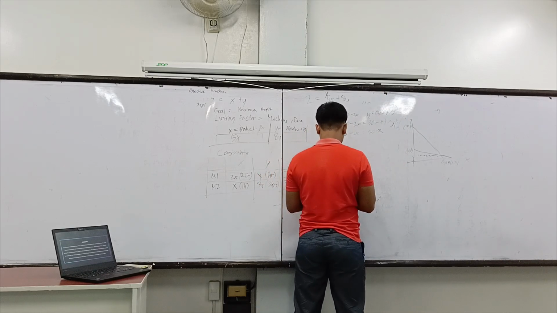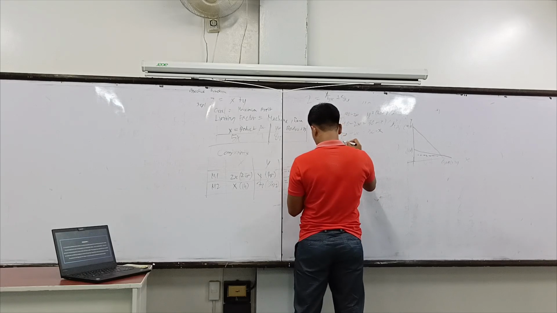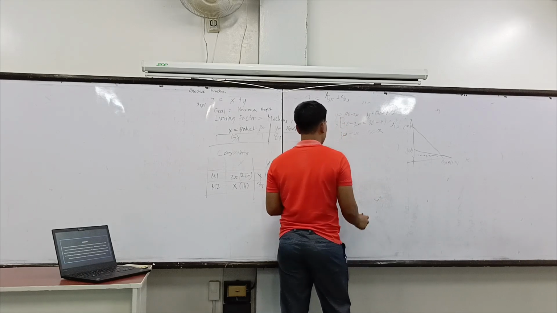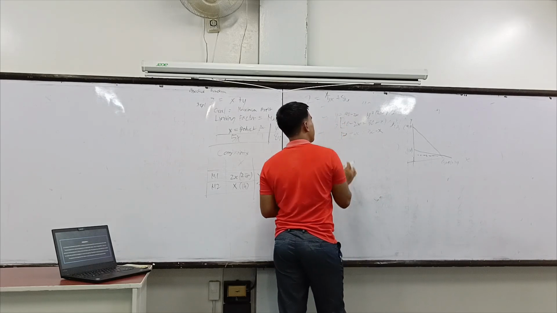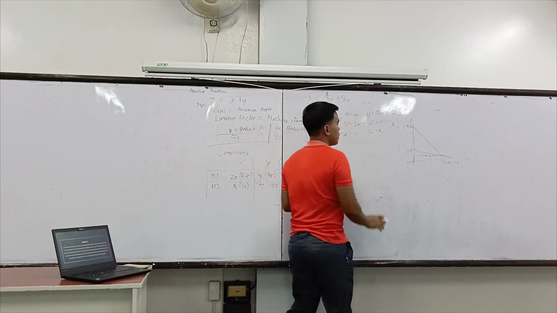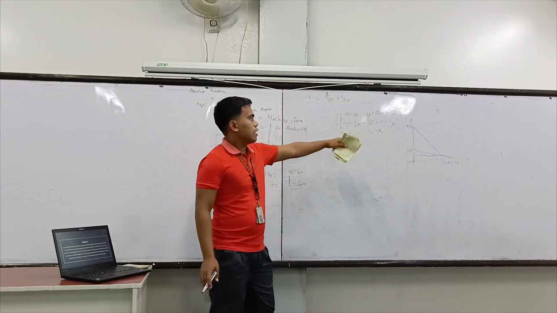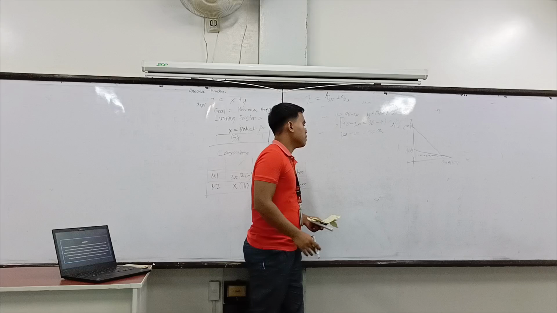Now, gonna simplify it. We're gonna distribute the 3 here, and the 6x and the x on the right side have the same variable.